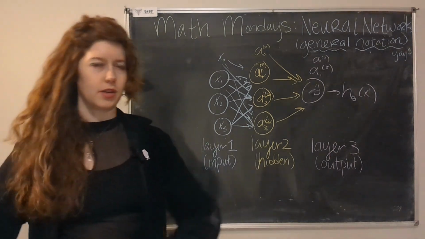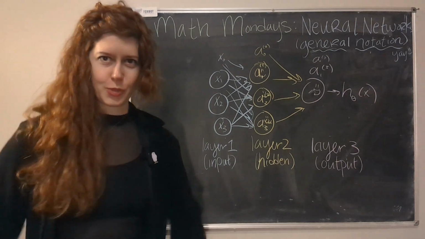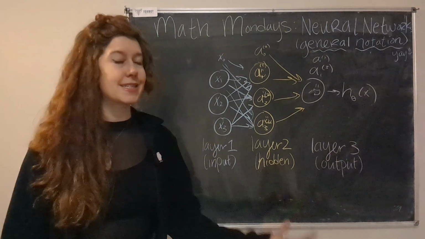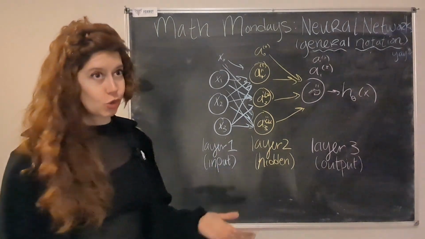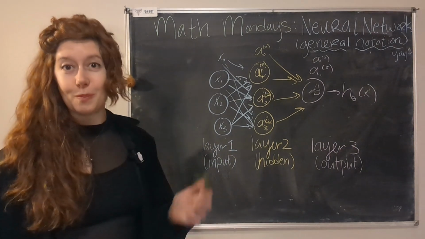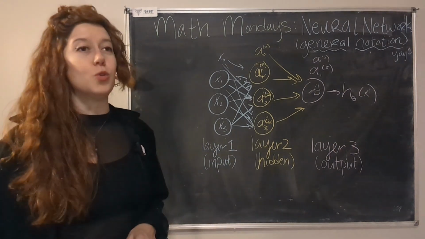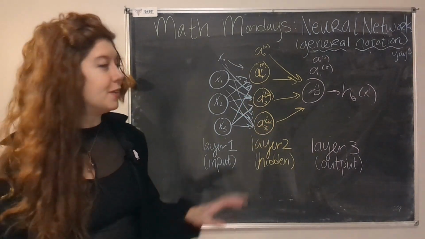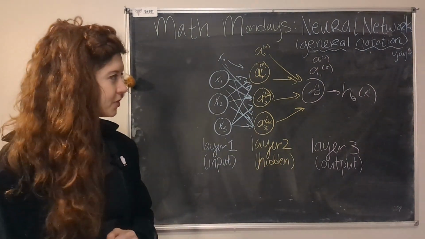To be good data scientists or just good knowledge enthusiasts, we want to learn how to generalize to any size or shape of neural network, especially because neural networks that make up large language models are ridiculously huge, a lot bigger than 3 layers and 3 artificial neurons.